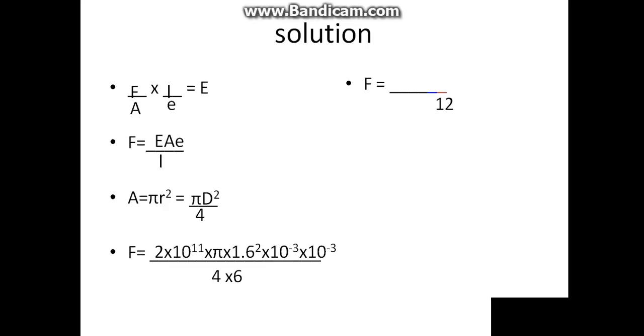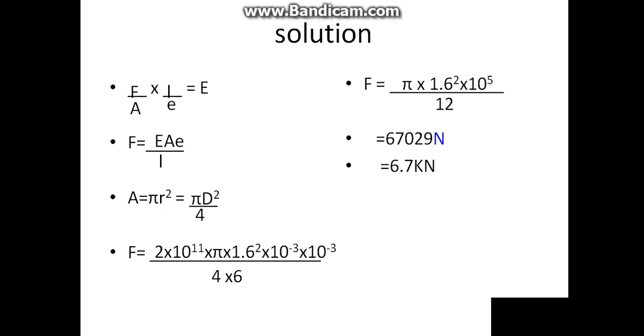F is equal to pi times 1.6 squared times 10 raised to the power 5 all over 12, which is equal to 6,702.9 Newton, which is equal to 6.7 kilo Newton.